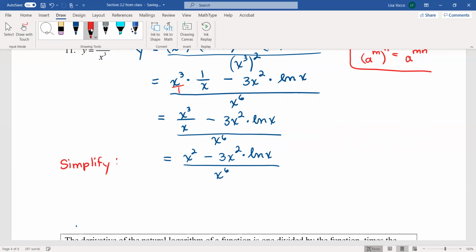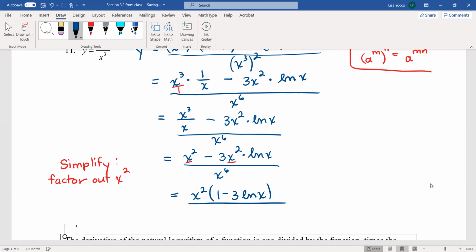You can simplify this by factoring out the common factor between the terms in the numerator. There's an x squared. And then there is also a factor of x squared in the denominator. So I'm factoring out an x squared.